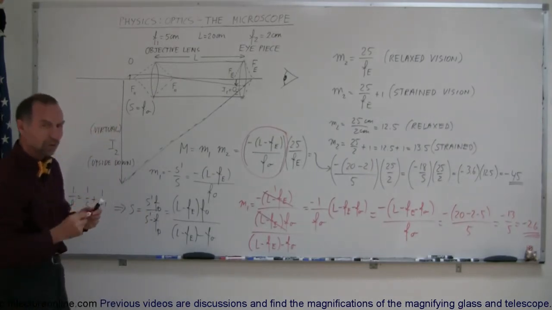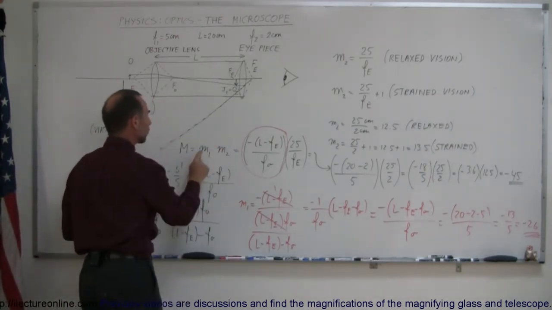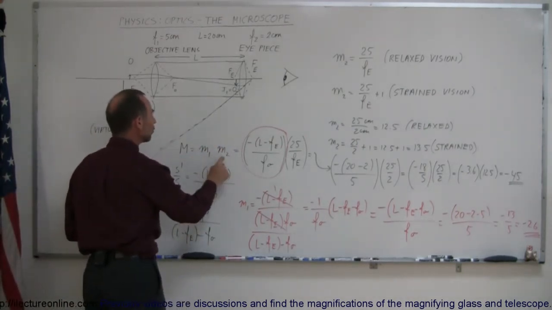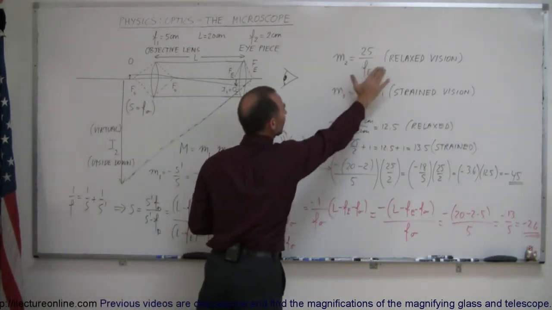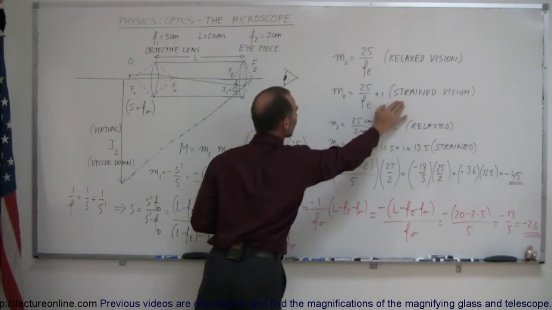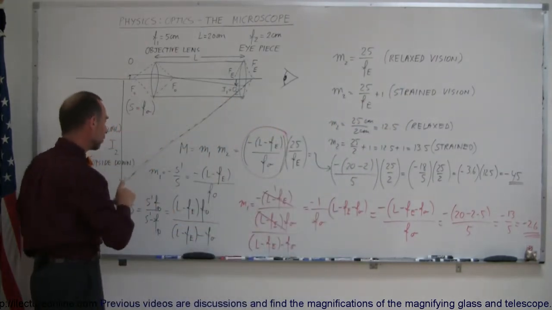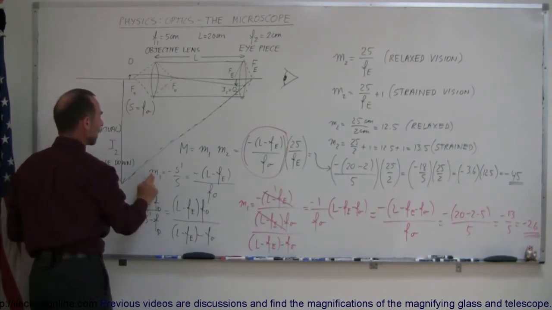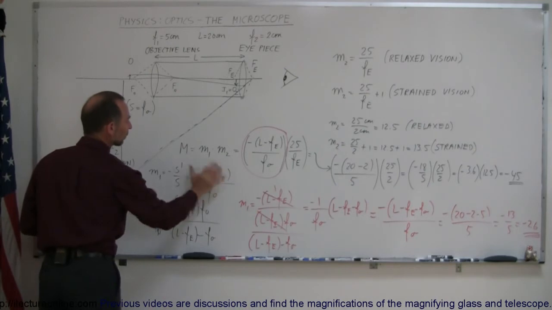And just again, to simplify things a little bit, the magnification is always the product of the two magnifications of the two lenses. The second lens is simply a magnifying glass, so we usually use relaxed vision or strained vision. That's very straightforward. For the first lens, we simply use the magnification equals minus S prime over S. S prime is going to always be equal to this.